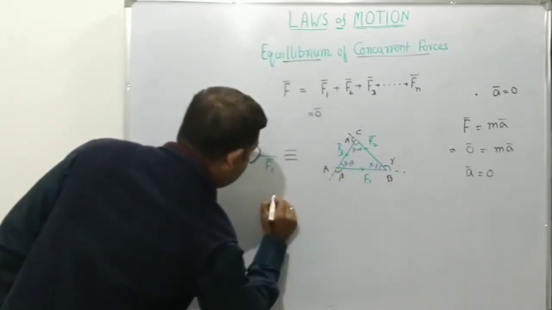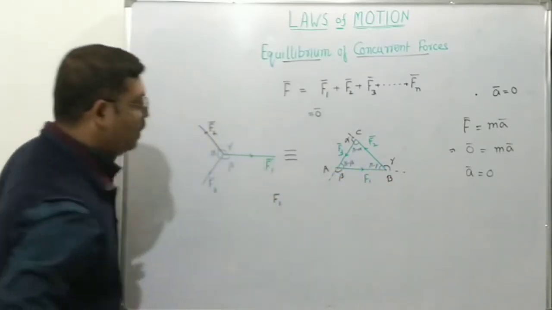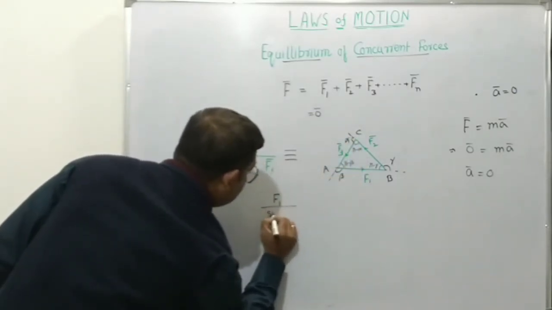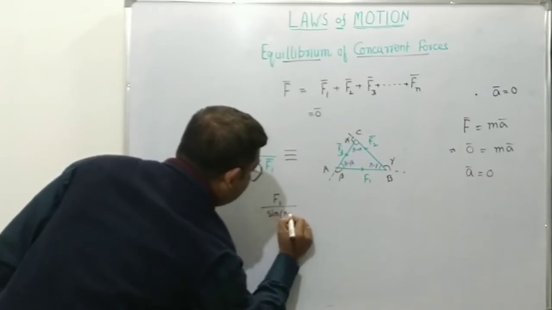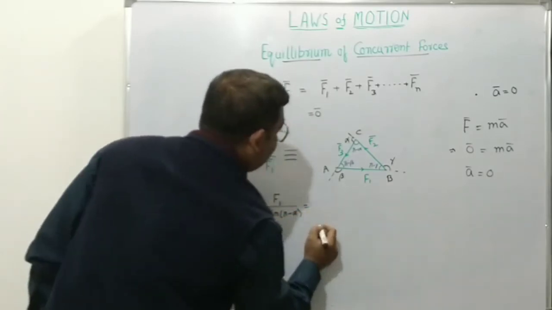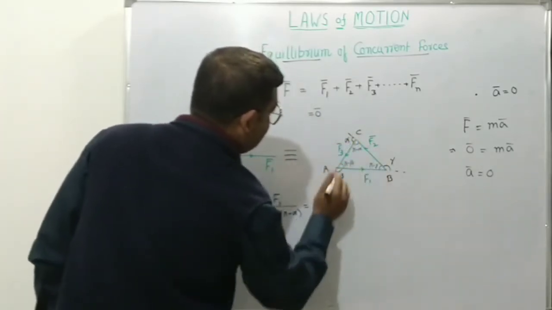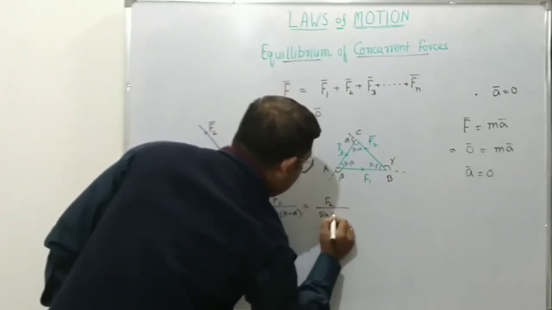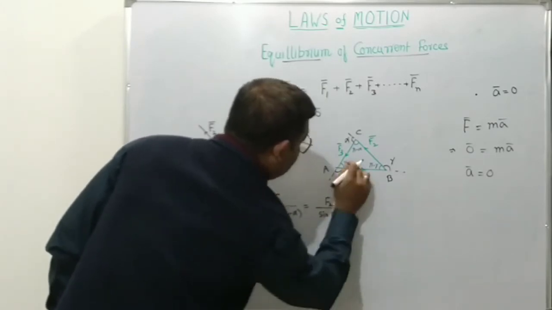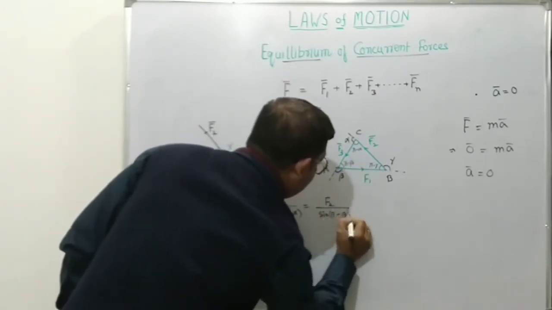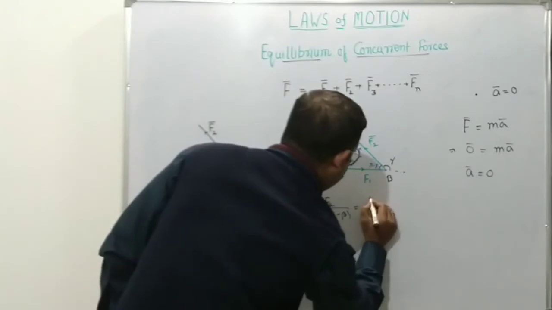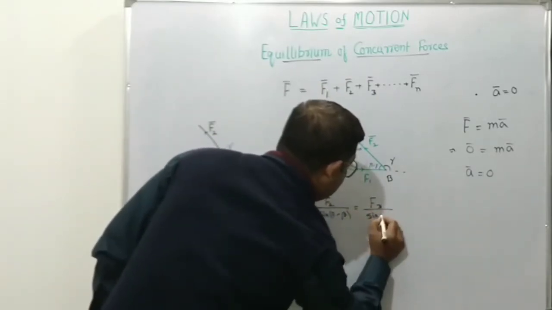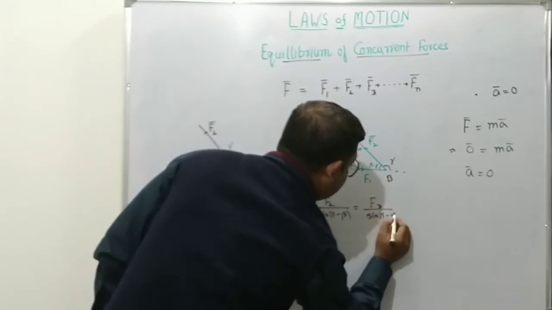This length AB, that is F1, divided by the sine of the angle opposite to it, sine pi minus alpha, must be equal to this length BC, that is F2, by sine pi minus beta, must be equal to F3 divided by sine pi minus gamma.